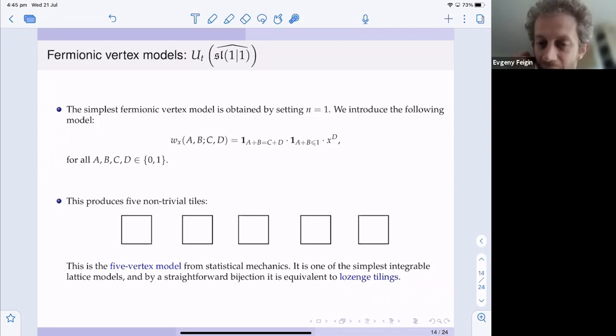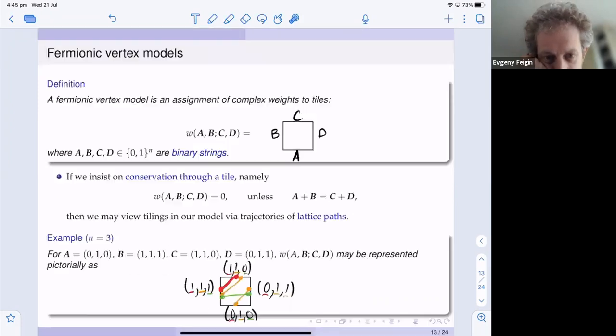And sorry, may I ask a question? Yes. Could you please go to the previous slide? Yes. So I wonder about these orange lines. Why don't you have a horizontal orange line? Yeah, so you can draw the orange lines. There is some freedom about how you do the drawing.